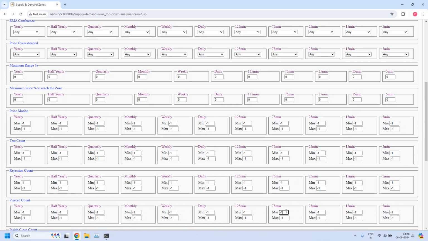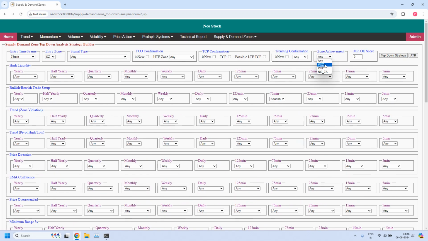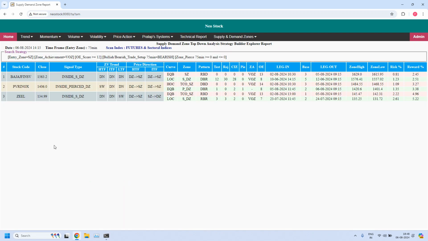So in 75 minutes, minimum value 0, maximum value 0, and zone achievement for supply zone should be violated opposing zone. Minimum order enhancer for 75 minutes supply zone is 12. That means all the 3 filters are applied to 75 minutes supply zone. Now let us filter. 3 stocks are filtered. Only these 3 stocks are currently supporting bearish trade setup for weekly income trade.